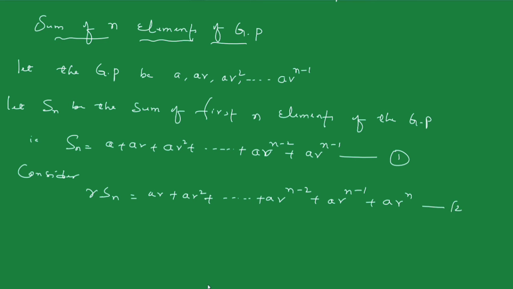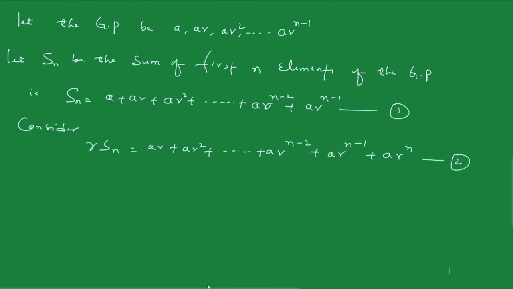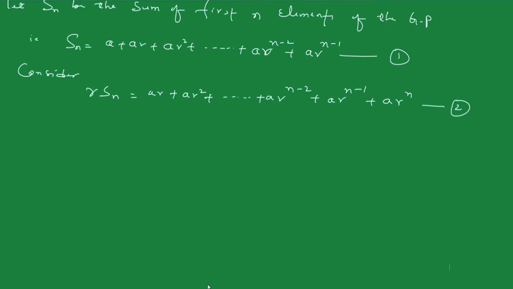Just multiply r to equation 1, that is the sum of first n elements. So now 1 minus 2, if we subtract 2 from 1, it gives Sn minus r Sn, which is equal to a minus a into r to the power of n, right?